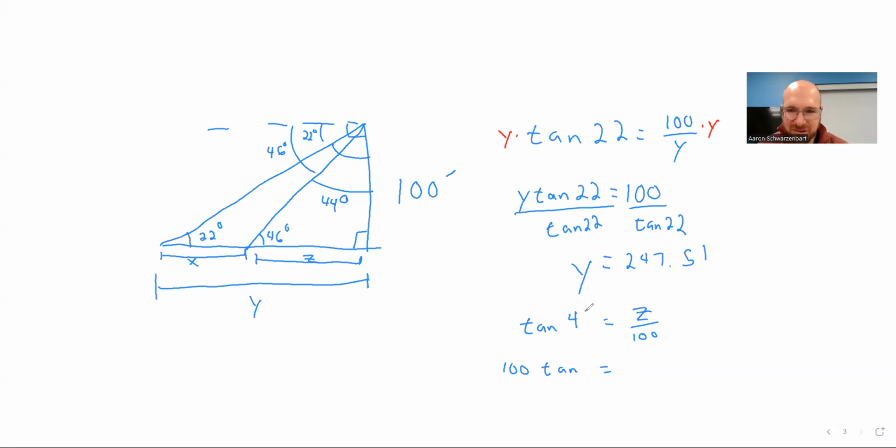I said 44, that's what I meant. Tangent of the 44-degree angle gives me z on top, so opposite z over 100. That just saves one step. It's not really a big deal, but I like to save as many steps as I can.